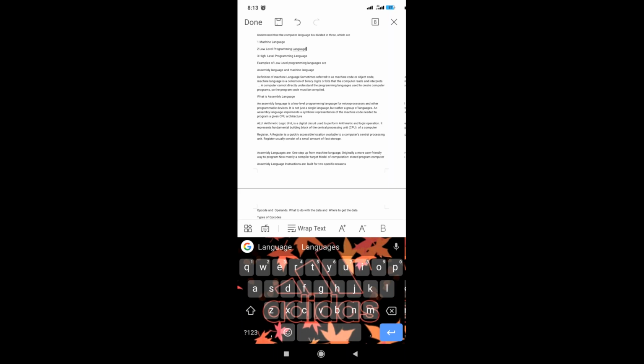What is arithmetic logic unit? Arithmetic logic unit is a digital circuit used to perform arithmetic and logic operation. It represents fundamental building blocks of the central processing unit of a computer.